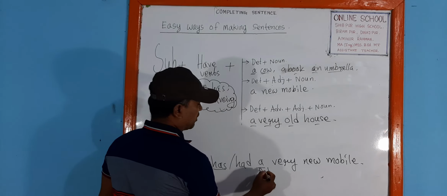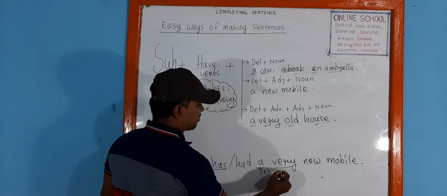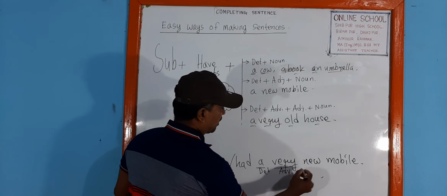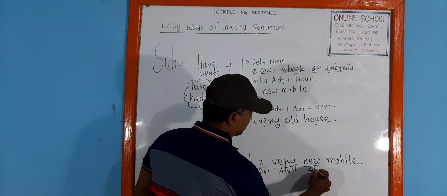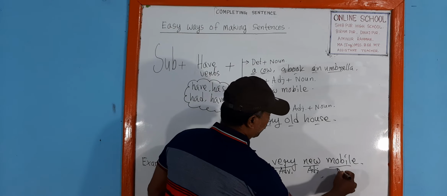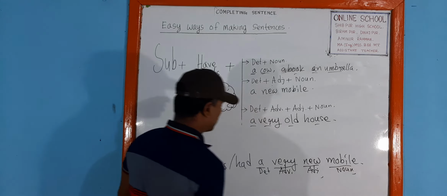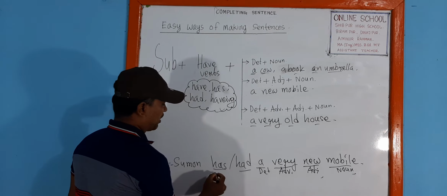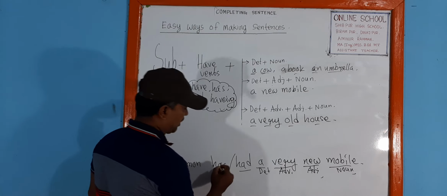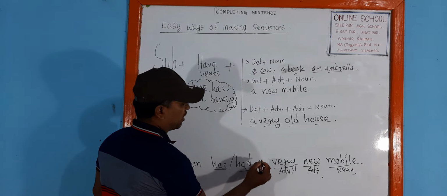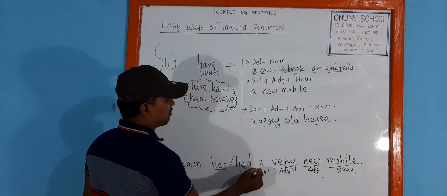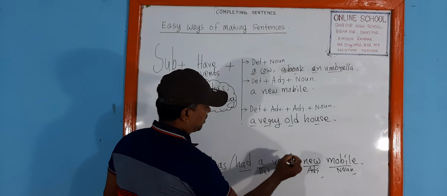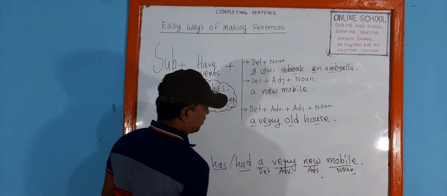Please look at this. A is the determiner, very is the adverb, new is the adjective, and mobile is the noun. So after a have verb, we can set up this type of structure: determiner plus adverb plus adjective plus noun.